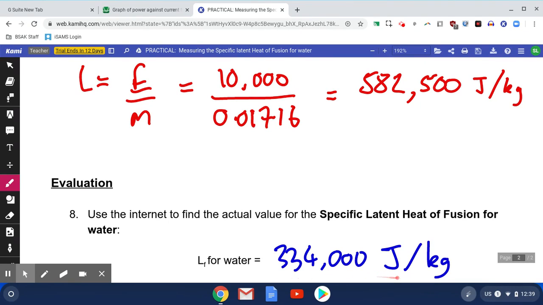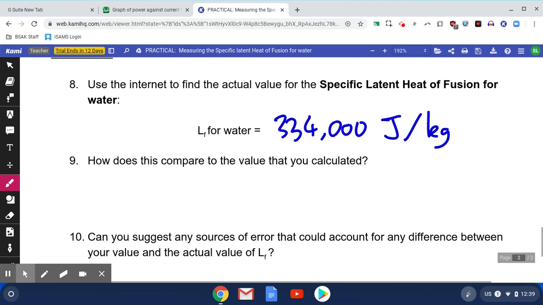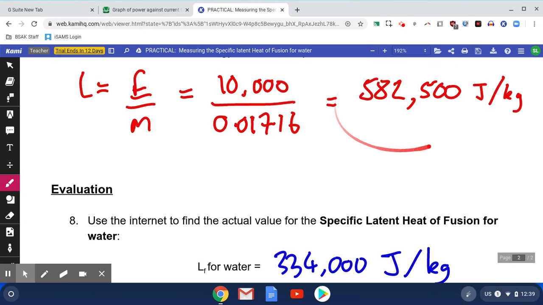It's in the hundreds of thousands, so that's fine. If we were out by a factor of 1,000, then there'd be something wrong with our calculations. So that's how it compares. The measured value is considerably higher than the real value.